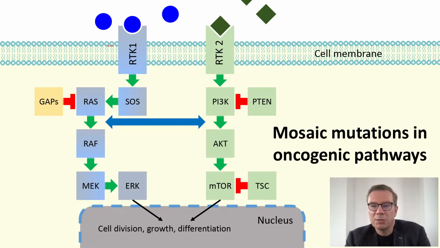Among the oncogenic pathways that are involved in mosaicism and mosaic disorders, the RAS MAP kinase signaling pathway and the PI3 kinase AKT pathway are among the most important, among others that also have mosaic disorders.